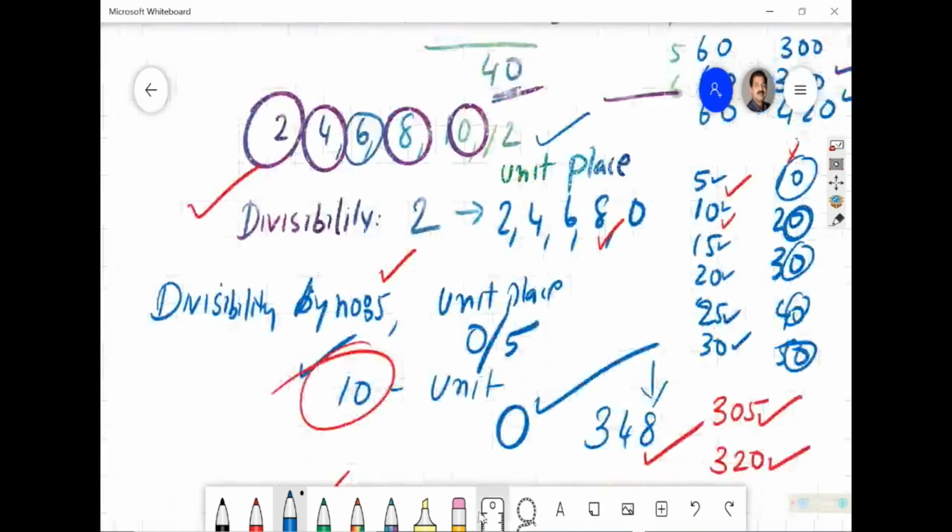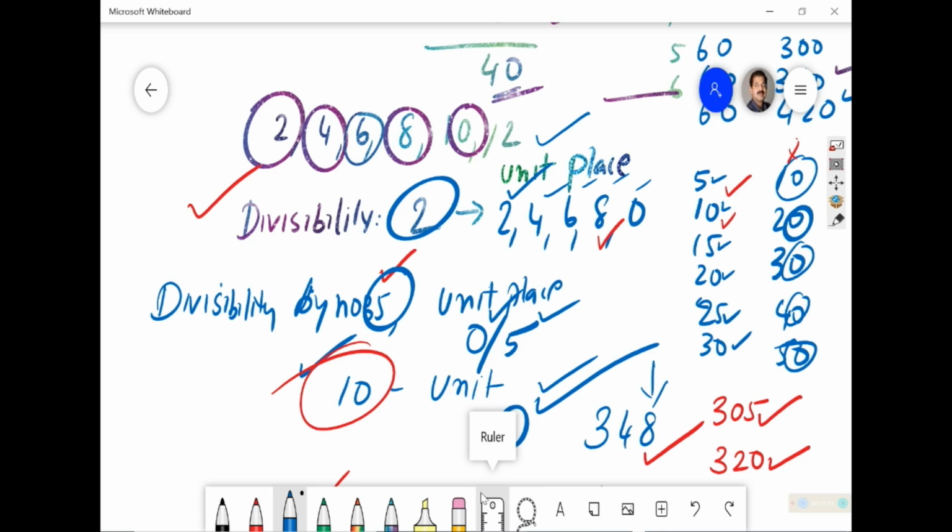I am going back a little, and here I studied about divisibility, where you found that if the number's unit place can be used for identifying the divisibility, if the unit place is having 2, 4, 6, 8, 0, it is divisible by 2. If it is 0 and 5, it is divisible by 5, and if it is having 0 in its unit place, it is divisible by 10.